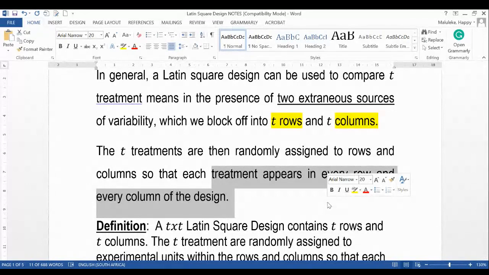The treatments will be arranged in such a way that they appear once in each row and in each column. So we should not have a case where, when we check the treatments from a certain row, they are repeating. Maybe you find AA, like the one that I projected. This example does not qualify to be a Latin square design problem.